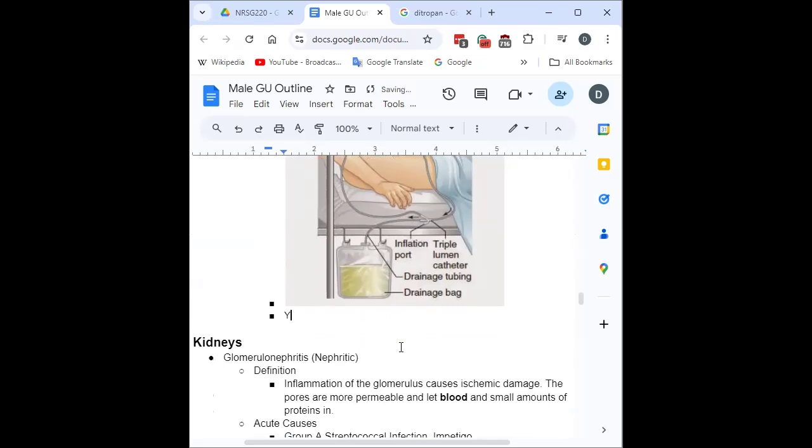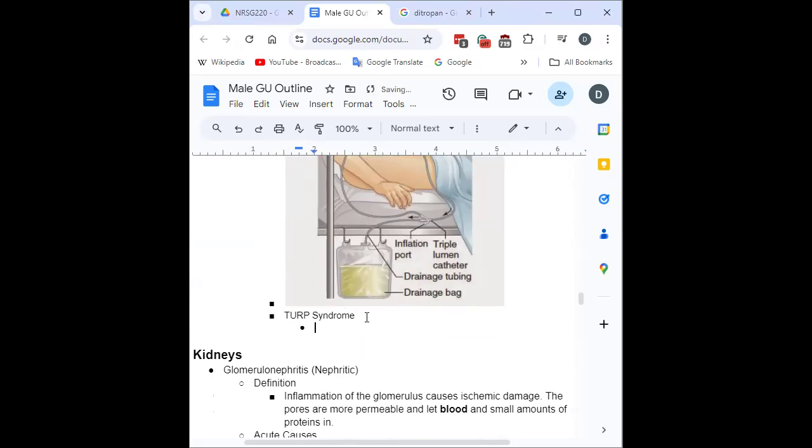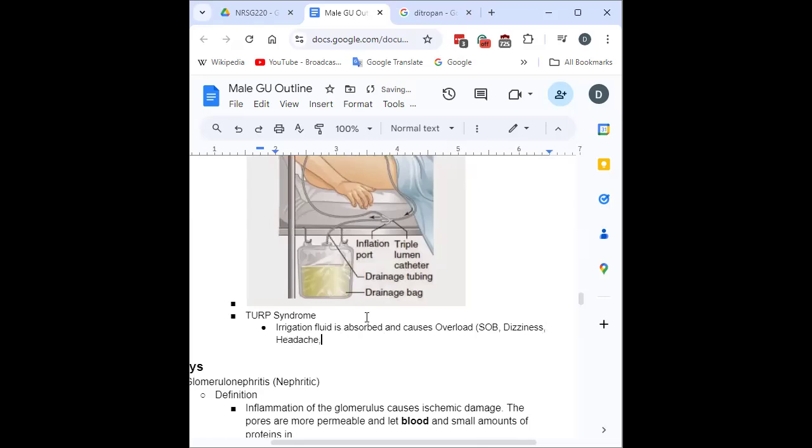So it's about TURP syndrome, which is essentially the irrigation fluid absorbs and causes overload. So you want to think about your CHF people. Headache, crackles in the lungs, hypertension, altered level of consciousness, electrolyte disturbance, and bradycardia.